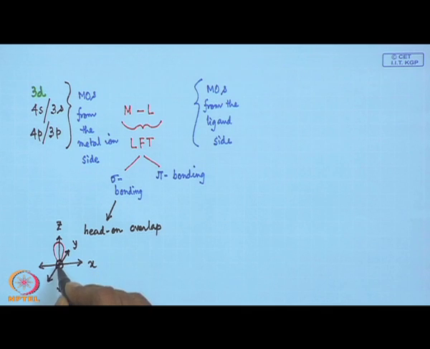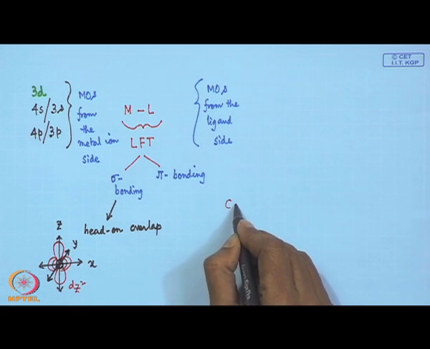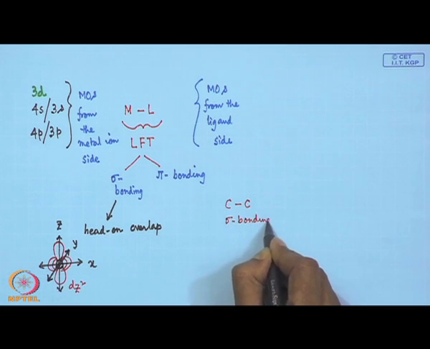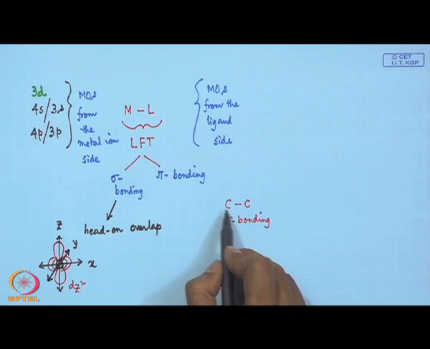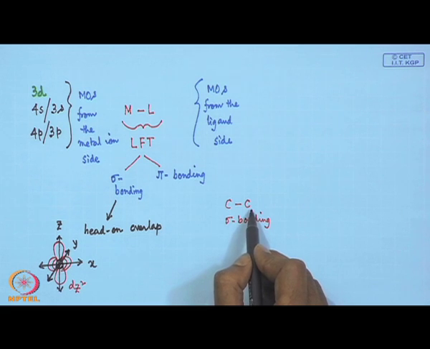So, if we have some ligand, which we have earlier seen in the case of crystal field theory, that we have the corresponding dz square orbital, and if this dz square orbital can interact in a head on fashion, such that it resembles the formation of the C-C sigma bond, which we know takes place due to the head on overlap from the hybridized orbital of the first carbon atom to the hybridized orbital of the second carbon center.